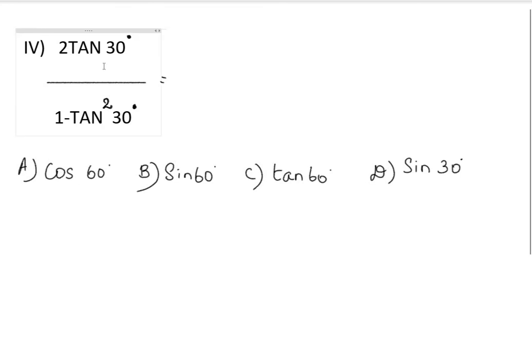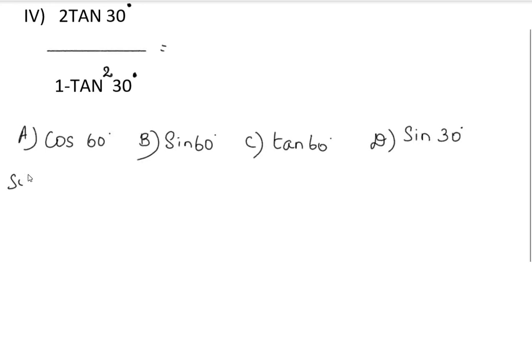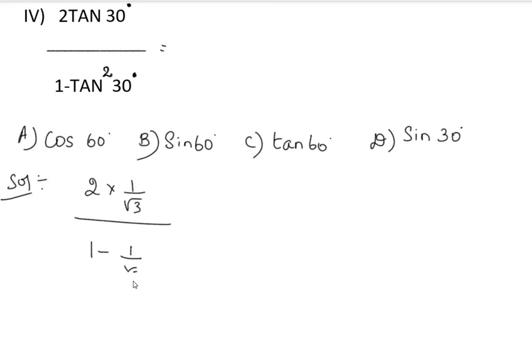Fourth sum. 2 tan 30 degree divided by 1 minus tan square 30 degree. So 2 into, instead of tan 30, I have 1 by root 3. 1 minus tan 30, again 1 by root 3, but square is given, so I am putting that square.